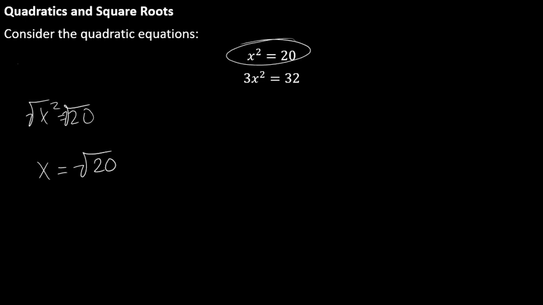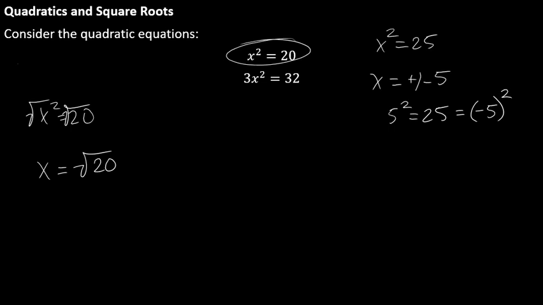Well, we can't only say that, right? Because if you remember back, I showed you guys an example. x squared equals 25. If I take the square root of that, our answer would be plus or minus 5, right? That's because 5 squared equals 25, which is also equal to negative 5 squared.